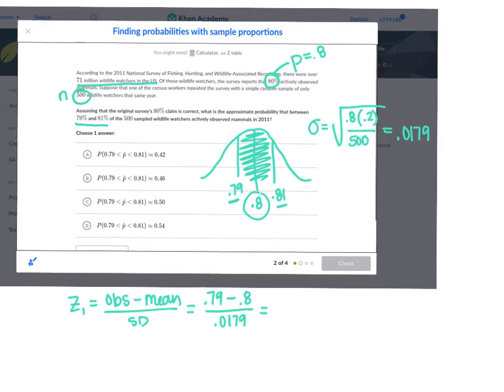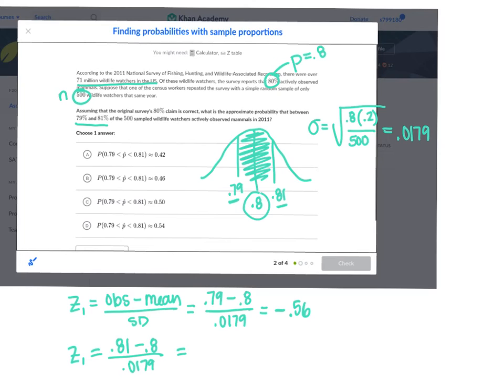All right, so 0.79 minus 0.8, so it's below the mean, so it should be negative, divided by 0.0179, and I get a z of negative 0.56. So I'm going to do my second z, same thing, observed, so 0.81 minus my mean divided by my standard deviation.